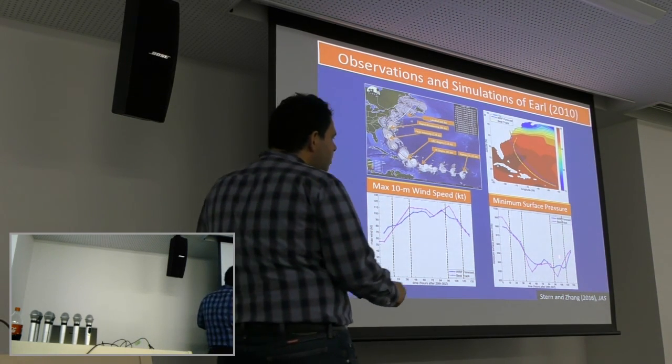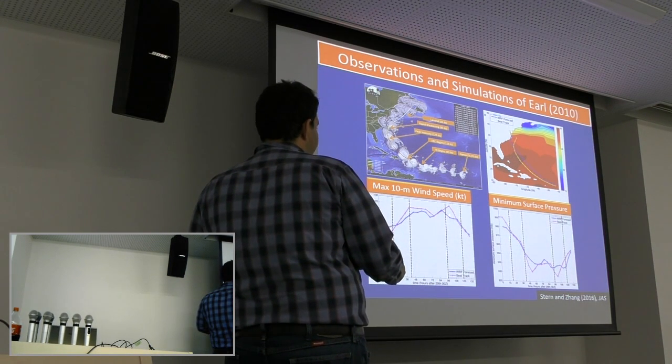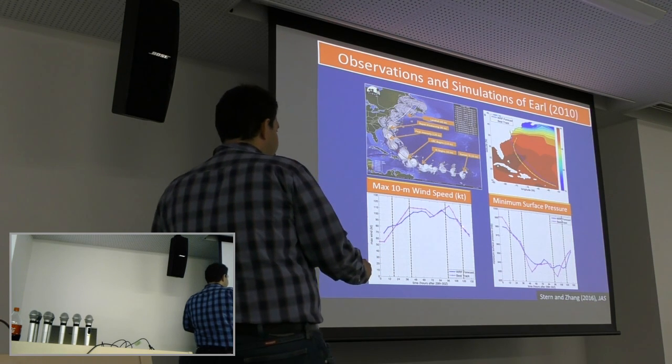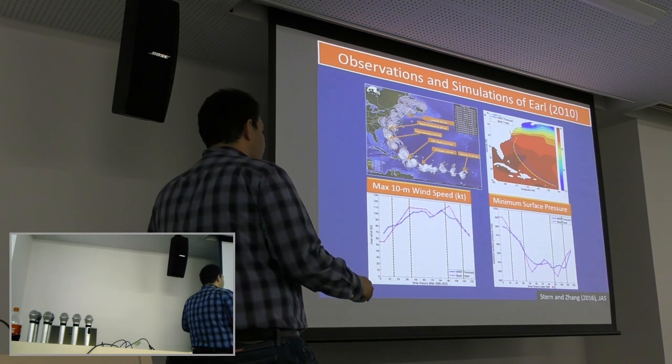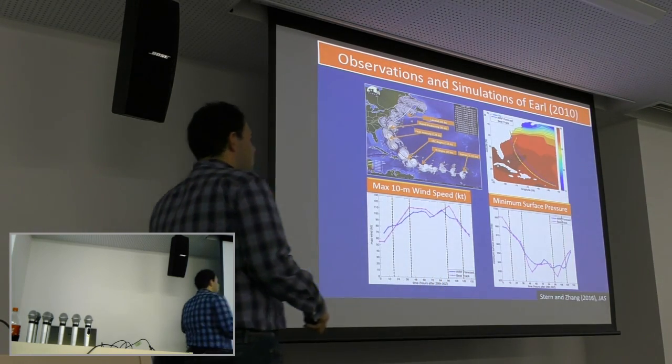If we look at the WRF forecast, the maximum winds decrease from about 110 knots to 90 knots, and the pressure stays about 938 millibars at both times.